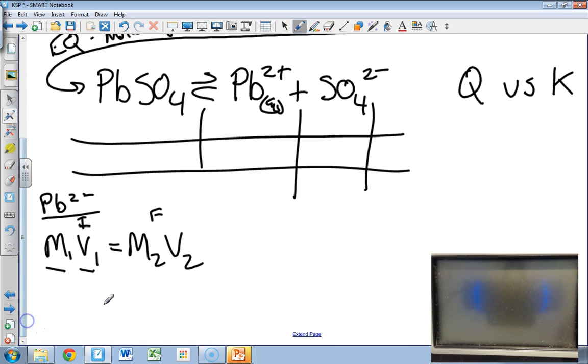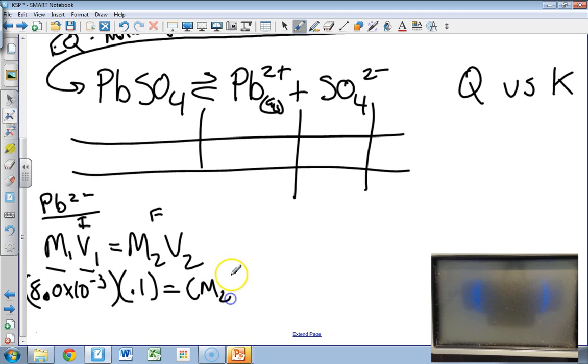Well, what is the old molarity? The old molarity is 8.0 times 10 to the minus 3, and the old volume is 0.1, and that equals whatever the new diluted molarity is going to be times the volume. And the new volume is 0.1 liter plus 0.4 liters, which equals 0.5.